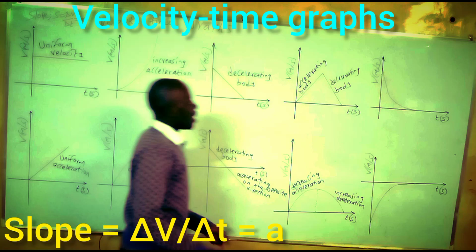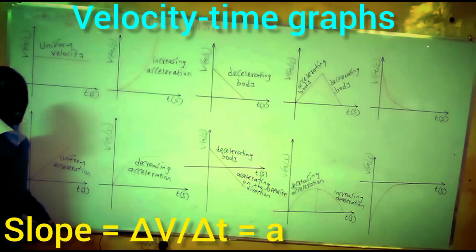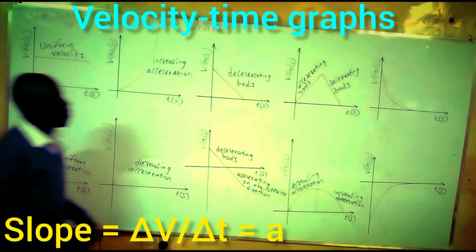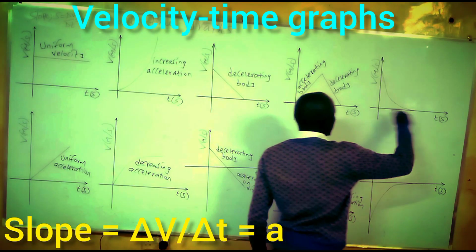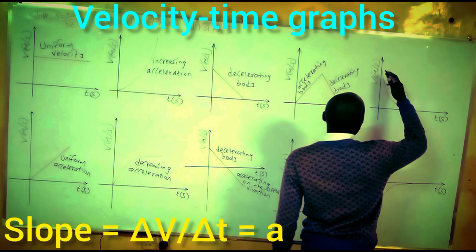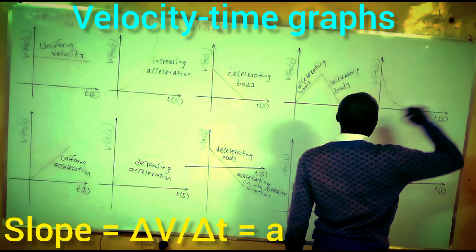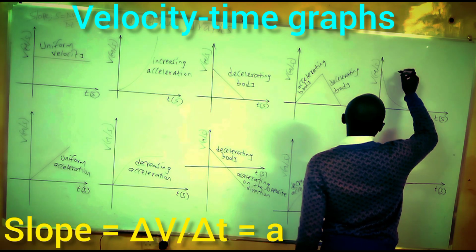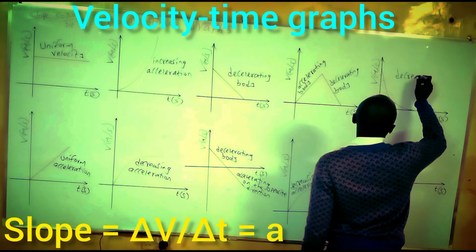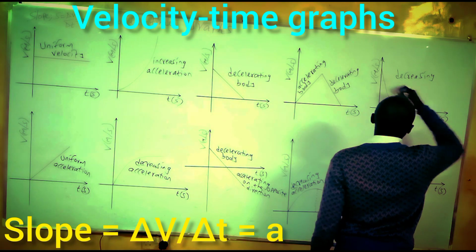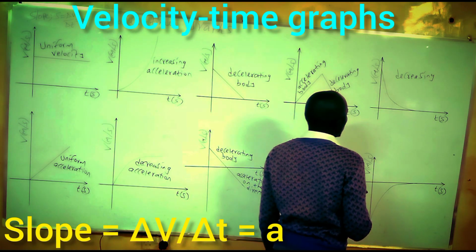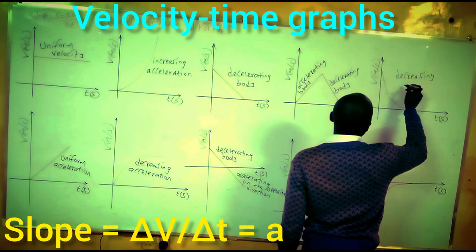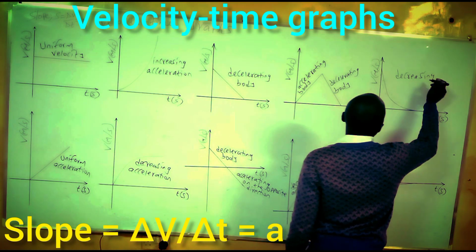Let's look at the next one there. We have this body here. The velocity is decreasing up to 0. The slope is decreasing, so that means decreasing deceleration.